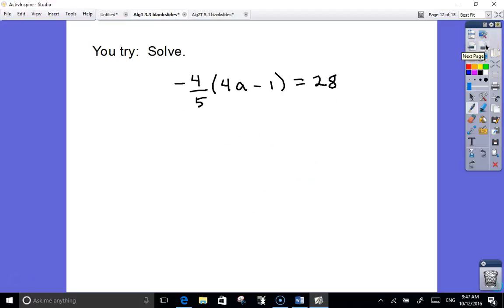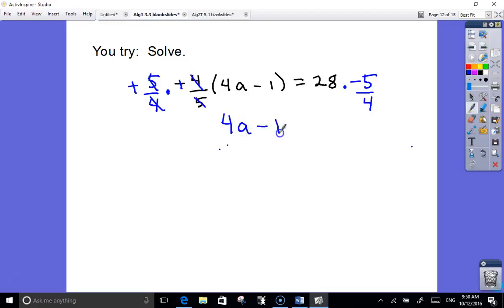Okay, try this one. What's the reciprocal of -4/5? Yeah, it has to be negative. That's the point, right? The product of the number and its reciprocal has to be +1. So multiply by -5/4 times -5/4. So the negatives cancel. The 4's and the 5's cancel.